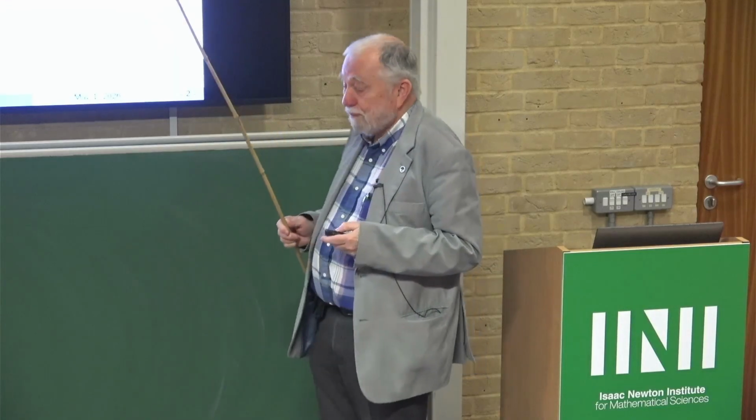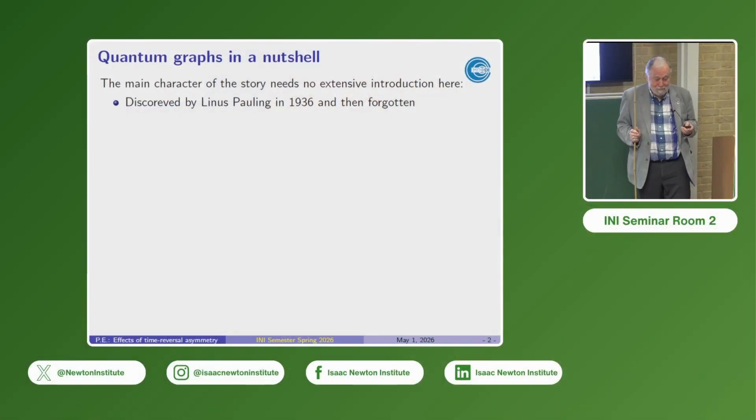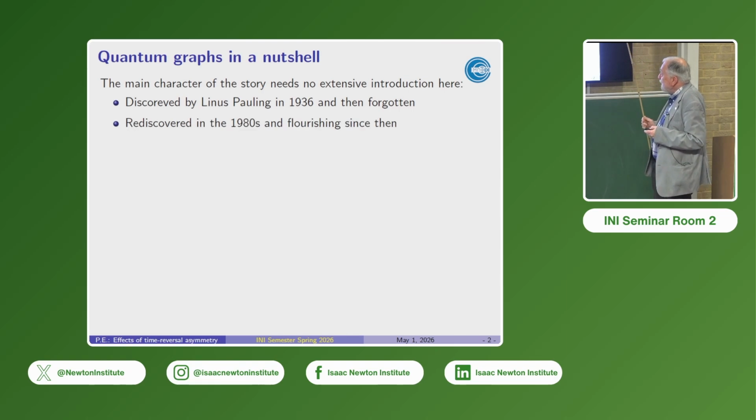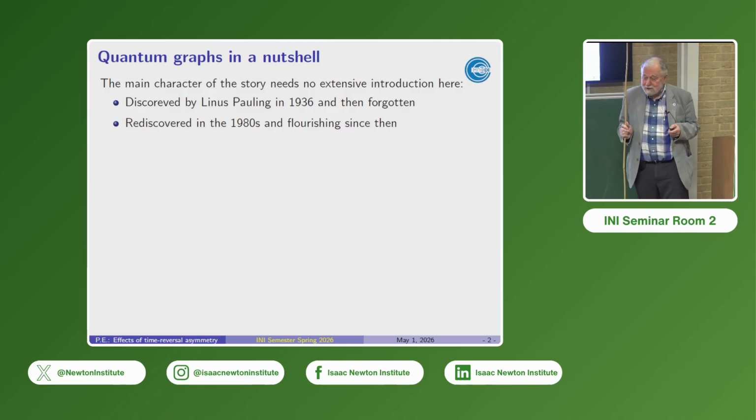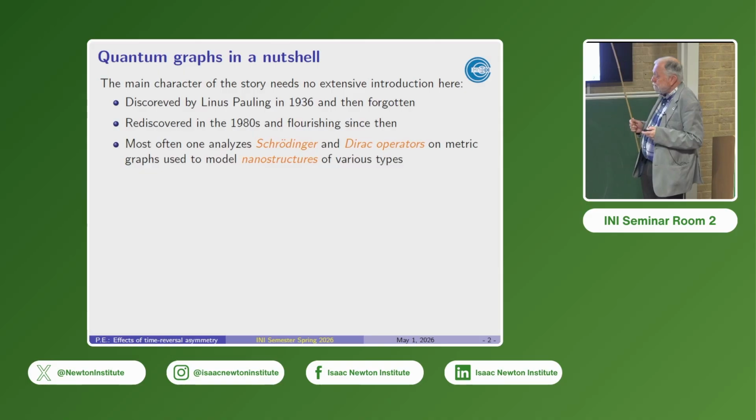So, no big introduction, but still, in a nutshell, a few basic facts. Quantum graphs were discovered by Linus Pauling about a century ago, and then happily forgotten for half a century. They had a revival in the 1980s, and since then it's a hot topic. On a metric graph you can put various equations, Schrödinger, Dirac.